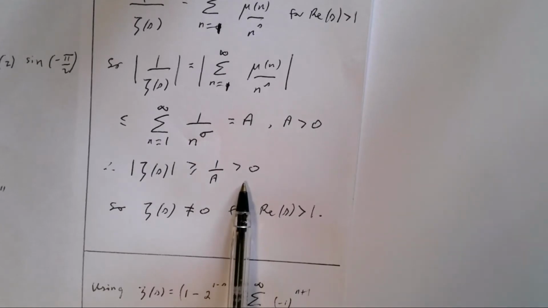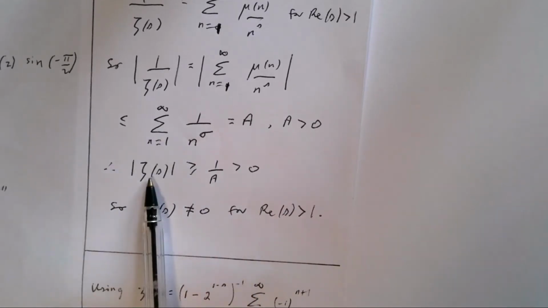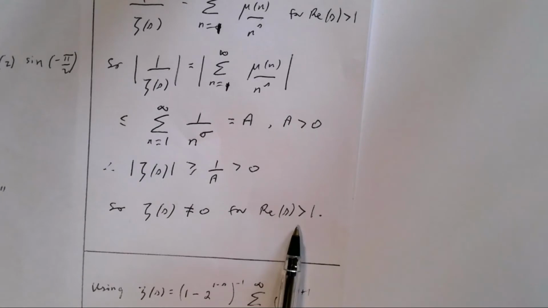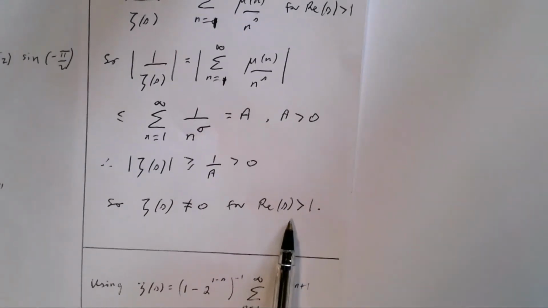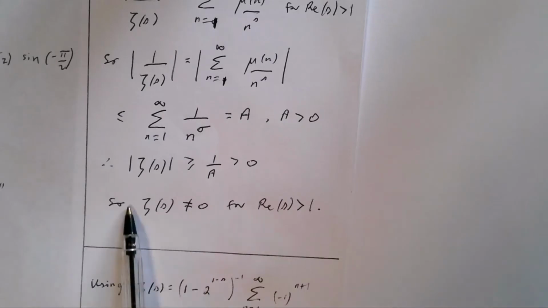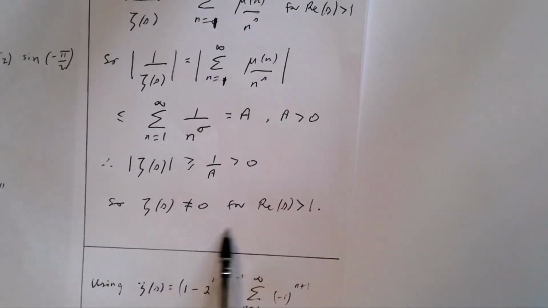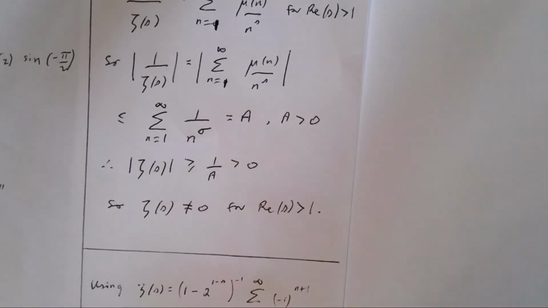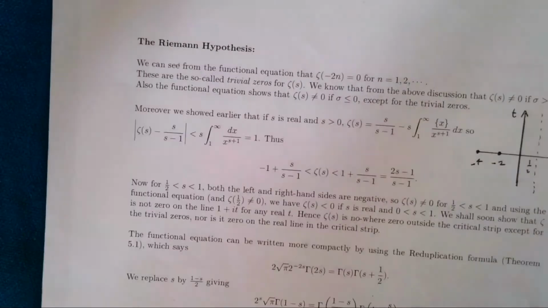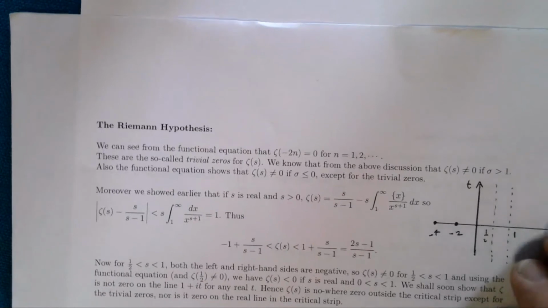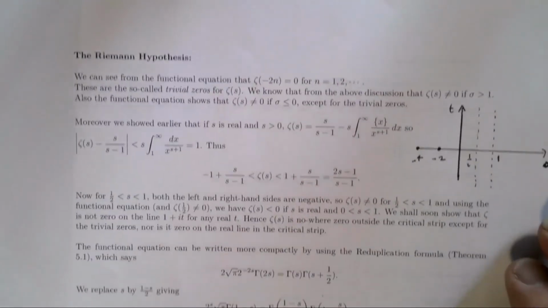So that means this thing cannot be 0 if the real part of s is bigger than 1. That's a nice little proof that zeta of s is not 0 if the real part of s is bigger than 1.